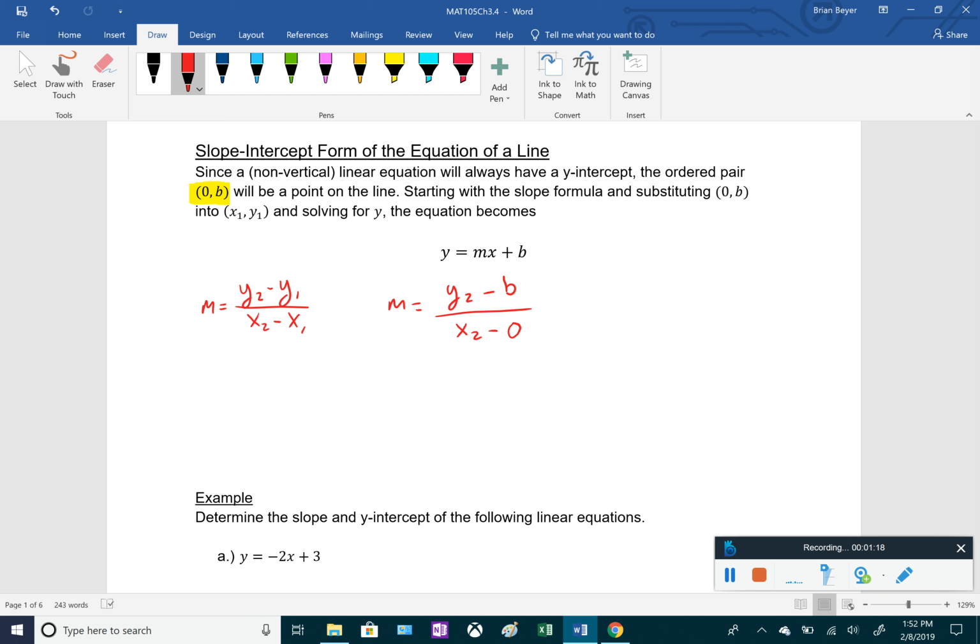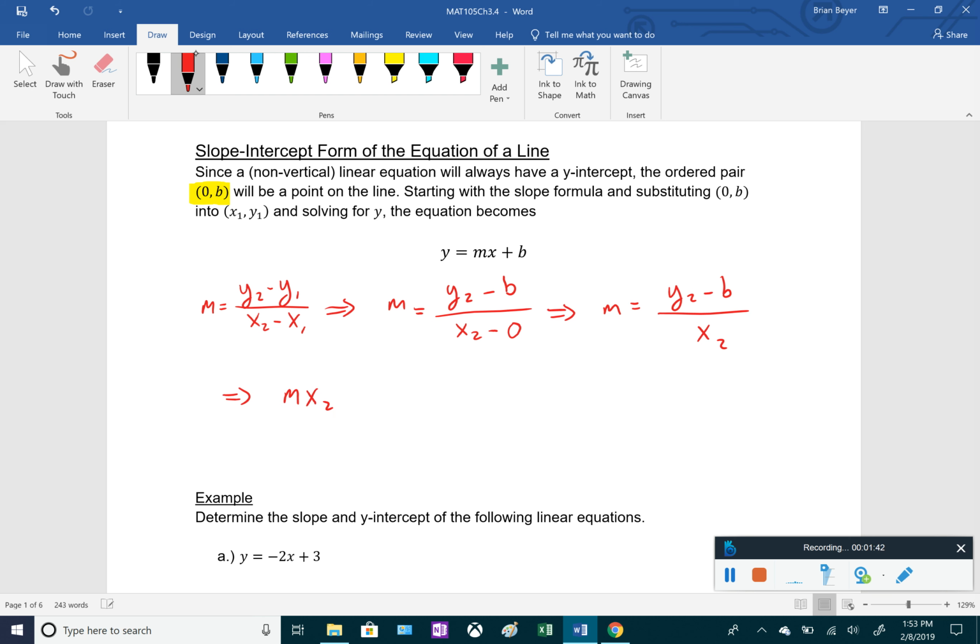If we solve this for y, we're going to end up getting the slope-intercept form for the equation of a line. So m equals y2 minus b over x2, the 0 goes away, and then we can cross multiply x2 on both sides.